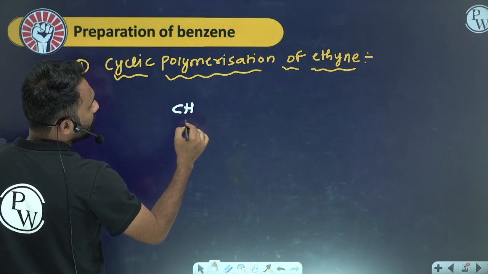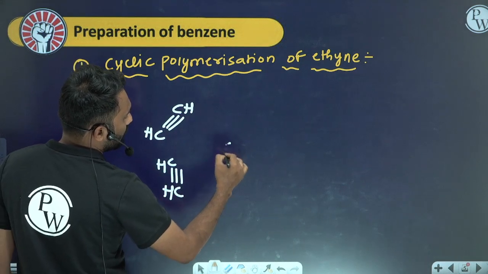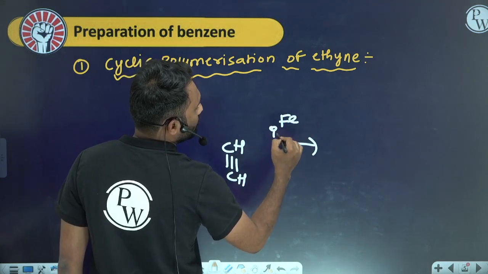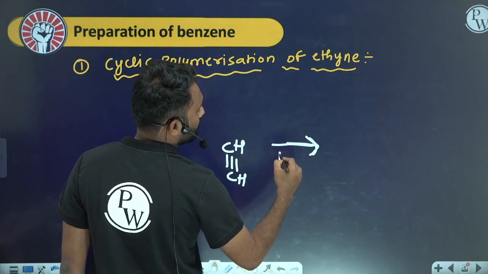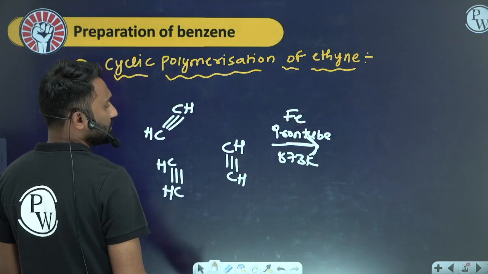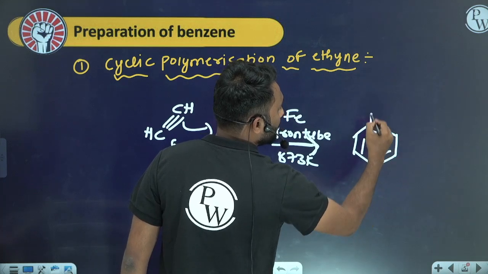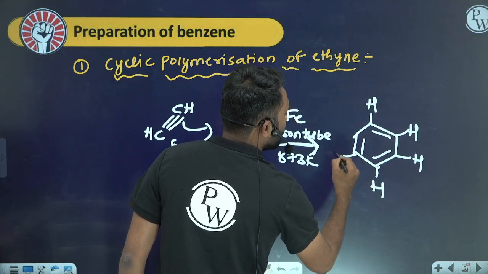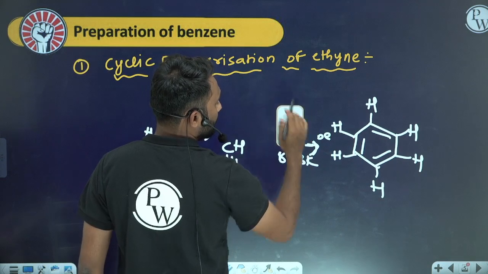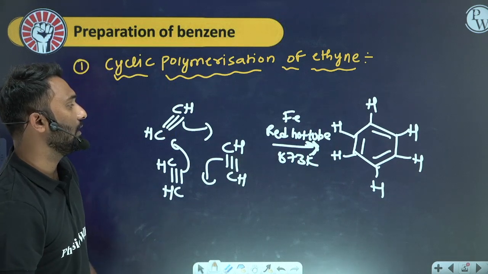If I take acetylene, the cyclic polymerization of acetylene in an iron tube, iron in the red hot tube at high temperature.